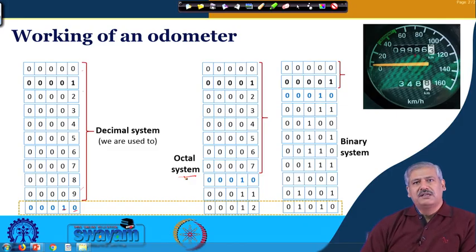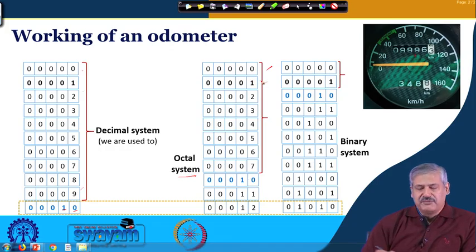So, what would have been the case here? After 1 unit distance travelled, it goes from 0 to 1, which is fine, then 2 units goes from 1 to 2, but when it goes up to 7 units, which is there in the representation 0 to 7, and then it travels one more unit, 1 more kilometer, what will happen? 8 is not available, it is an octal system, 0 to 7 is only available.